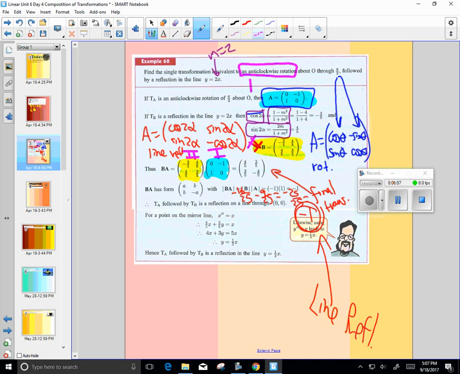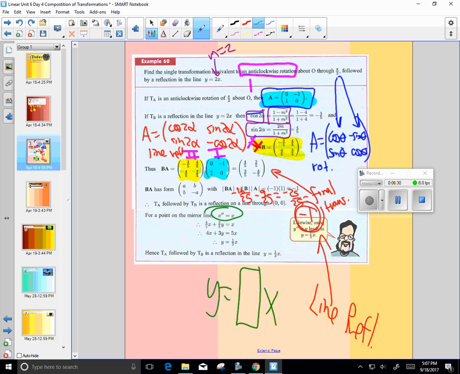Since it's a line reflection, we need to figure out what the line is. Y equal to something times x. Now, I have been looking at this, and this bugs me, this second transformation of x equal to x.